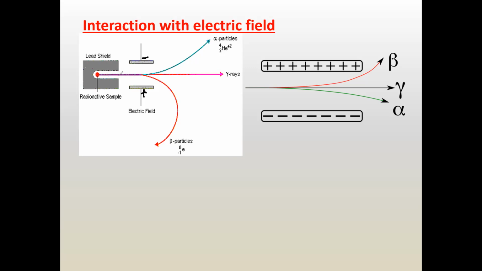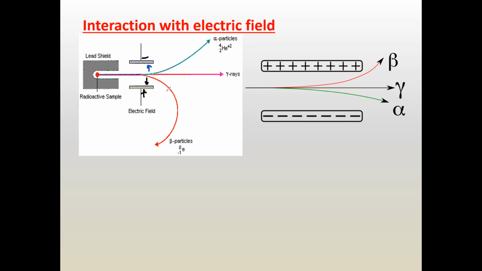When we pass through the electric field, beta particles, because they have negative charge, are attracted towards the positive, because unlike charges attract. And alpha is positively charged, so it is attracted towards the negative. And gamma has no charge, so it passes straight.